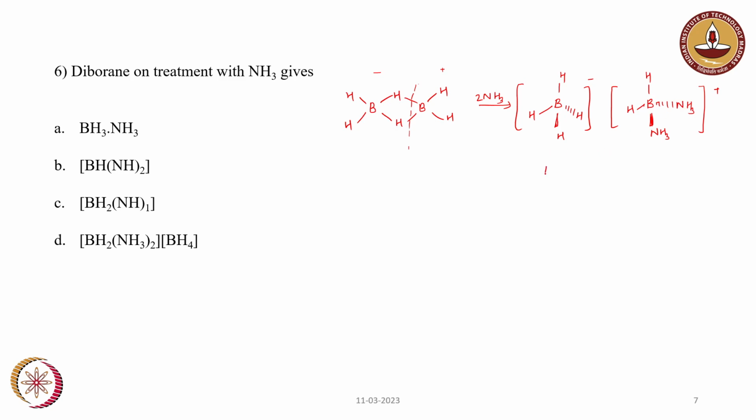So this will be BH4 minus and BH2(NH3) plus. So option D is the answer.